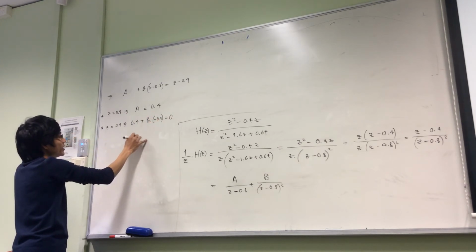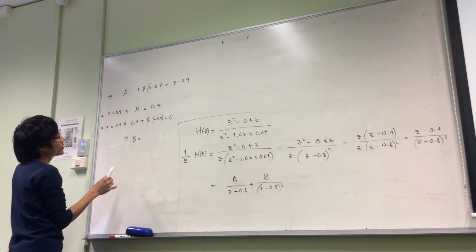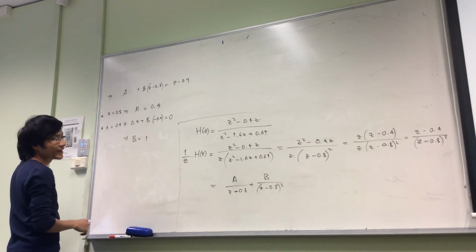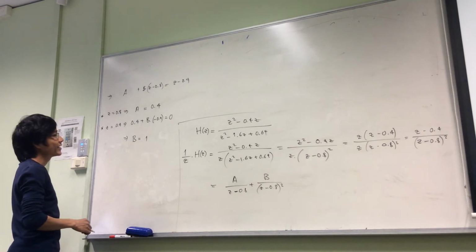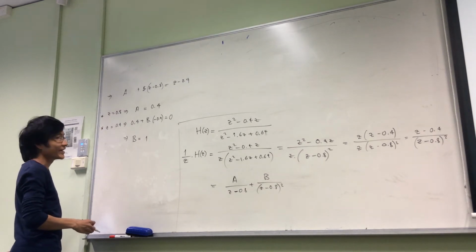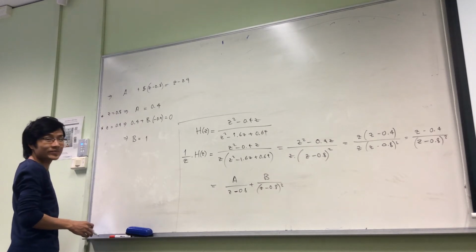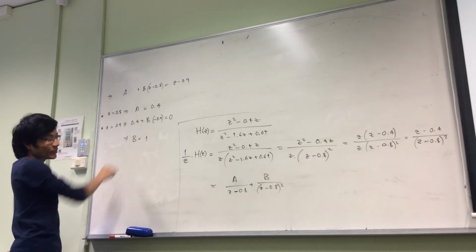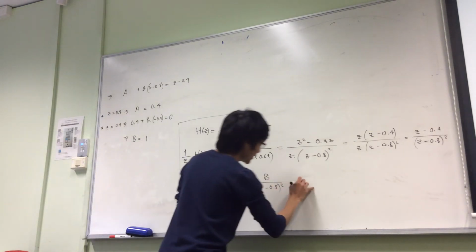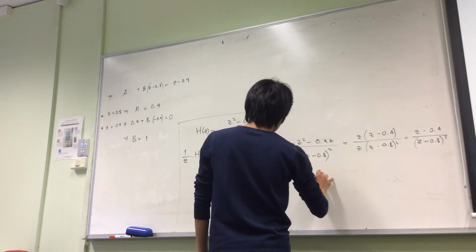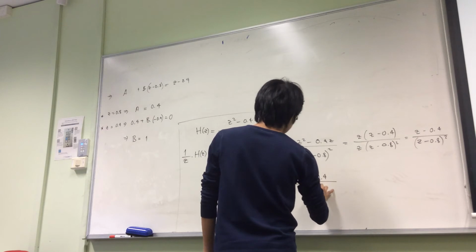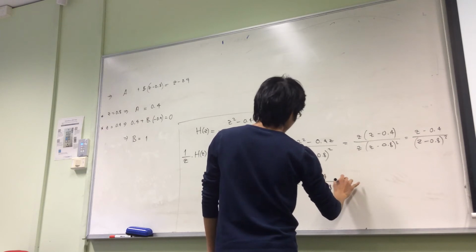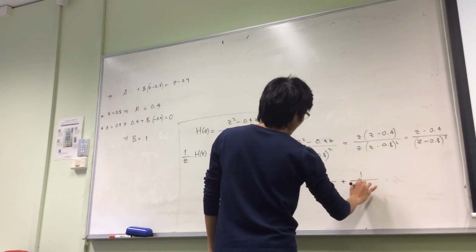So you can get B equal to 1. Yeah, 0.4 minus 0.4 equals 0. So B equal to 1. That means we can make this 0.4 over Z minus 0.8 plus 1 over Z minus 0.8.